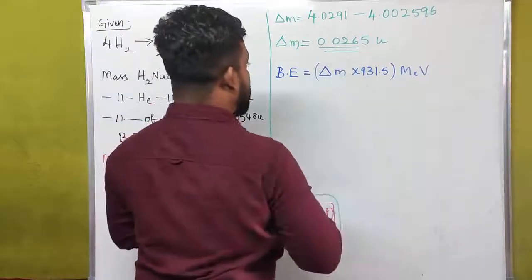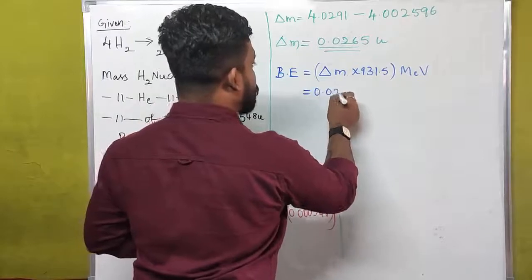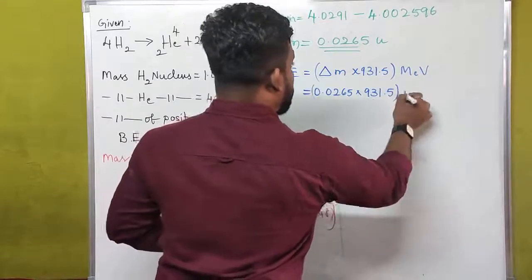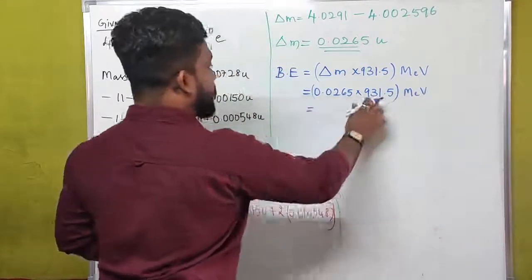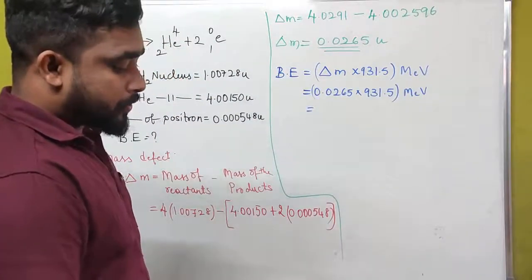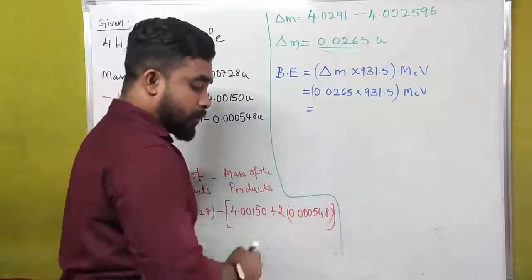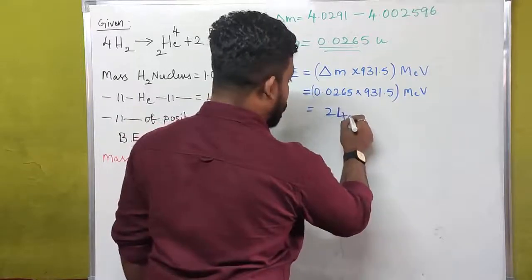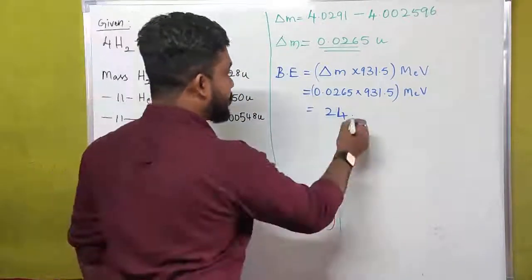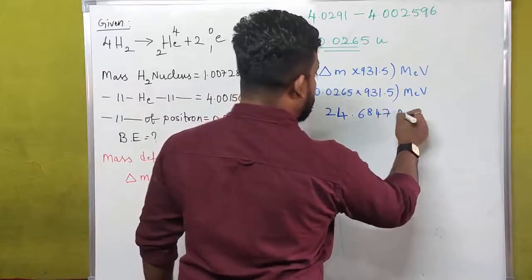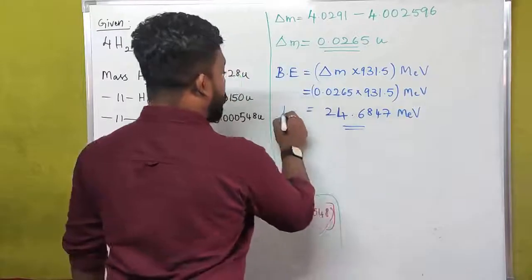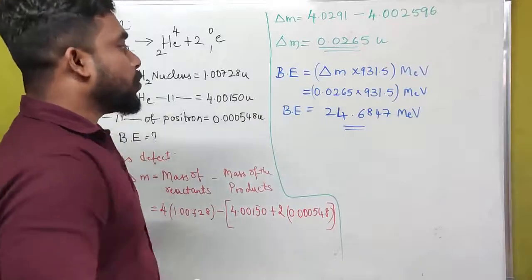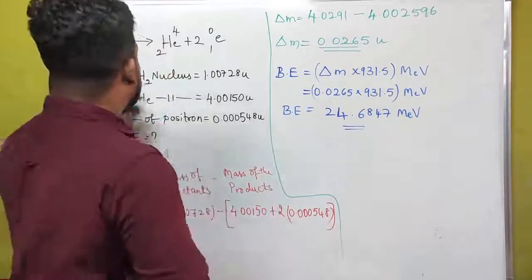Now, if we substitute the value of delta M, that is 0.0265 into 931.5 million electron volt, what we will get here is 24.6847 million electron volt, which is the binding energy of this equation.